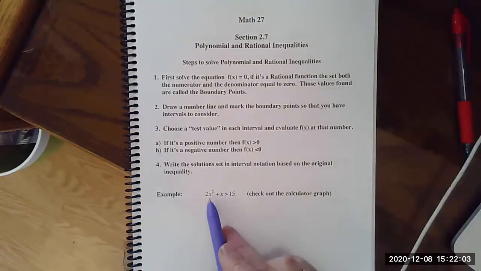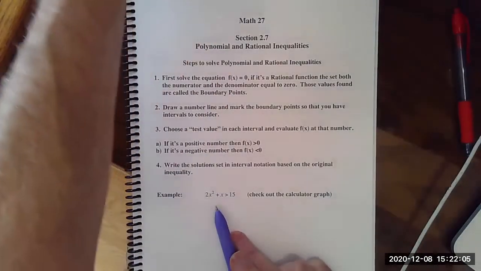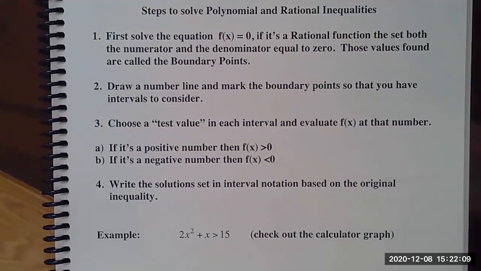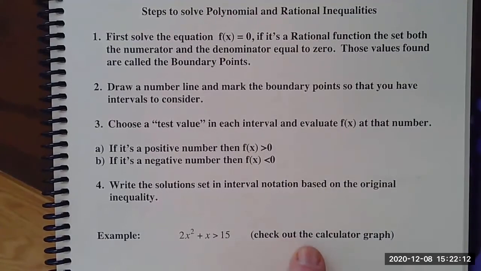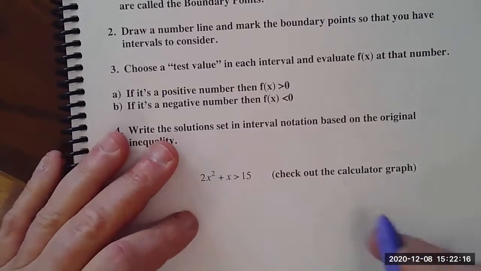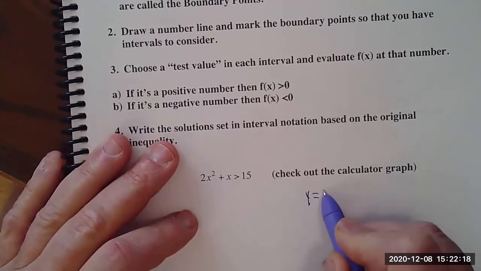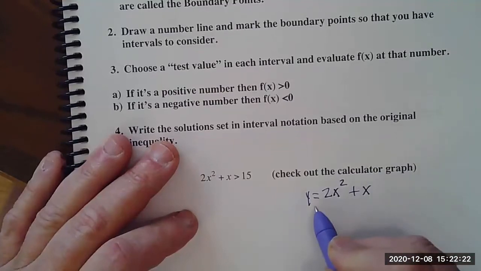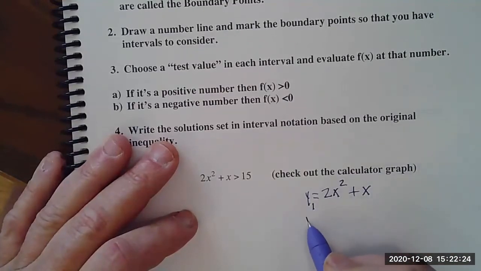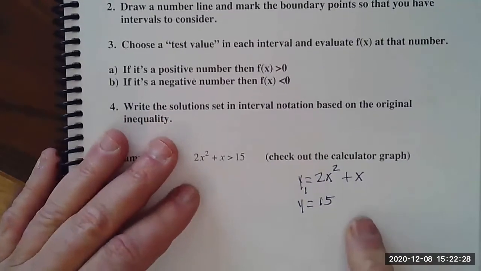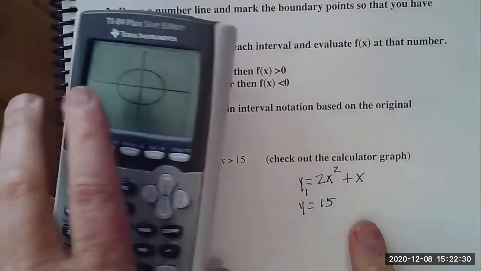Okay, polynomials. Okay, this is a polynomial. This is actually a quadratic right here. I said, check this out with the calculator. Your author does something similar. He goes y equals 2x squared plus x. He'll make that the first one, then he'll go y equals 15. So he'll graph both of these simultaneously.